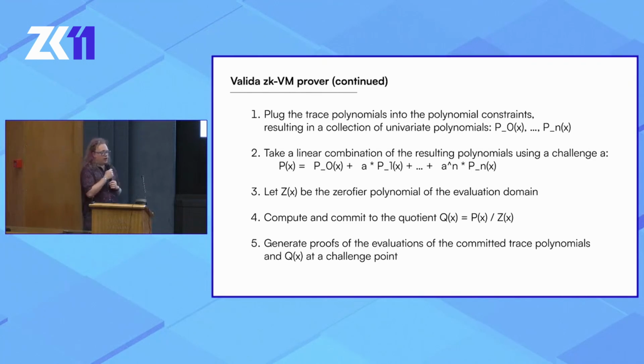Then finally, to show that this constraint vanishes on all of the points used to define the polynomials, we show that we know the quotient by the zerofier polynomial, which is the one that vanishes on the set of the domain. Okay, this is the same construction that's used in every STARK and broadly similar to the constructions used in other SNARKs as well.